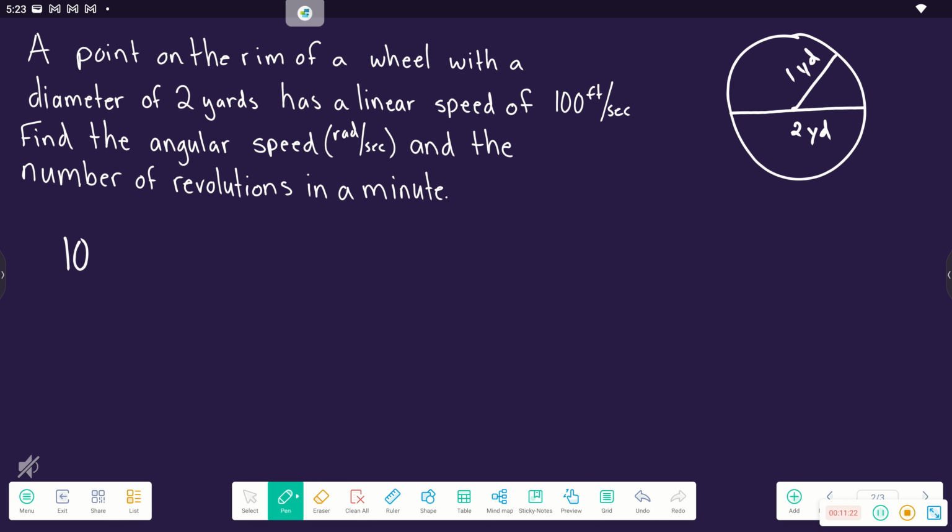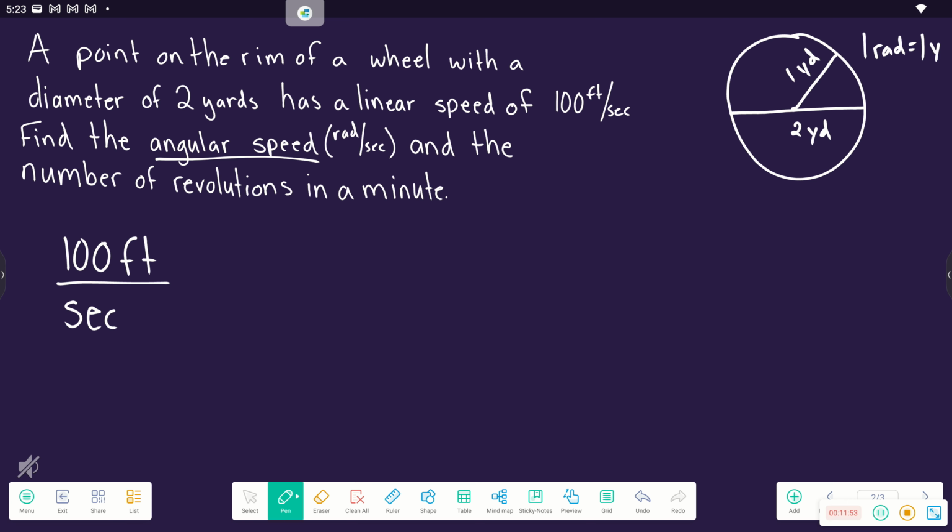We have 100 feet per second. Okay, and we need to turn this into angular speed, or radians per second. So I know I'm going to need my information about my radians, and I know that 1 radian is 1 yard.